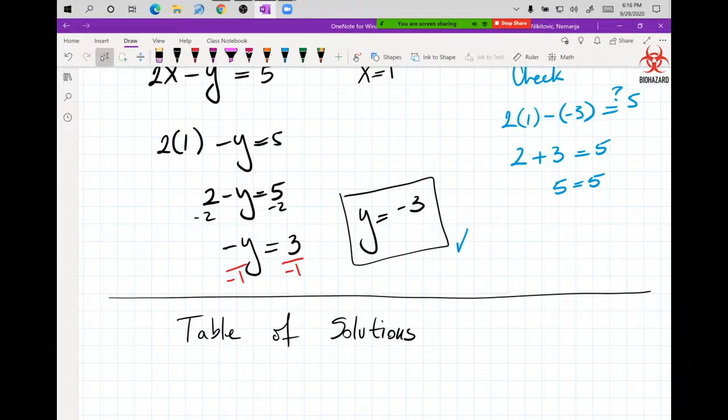So division and multiplication have the same rules. When you divide or multiply a positive and a negative, you always get a negative. And if the signs are the same, you always get a positive. So positive, positive, and negative, negative give positive. And if you have one of each, whether it's multiplication or division, you always get a negative. Those are the rules for multiplication and division of signed numbers.